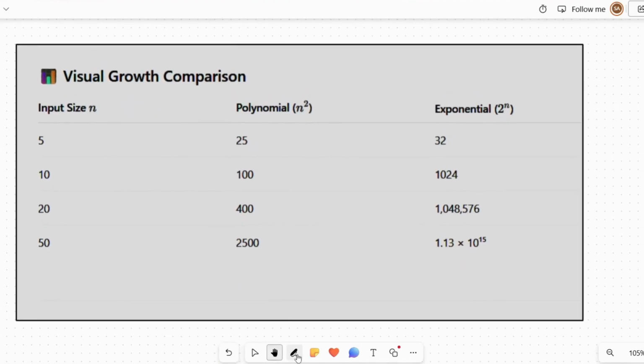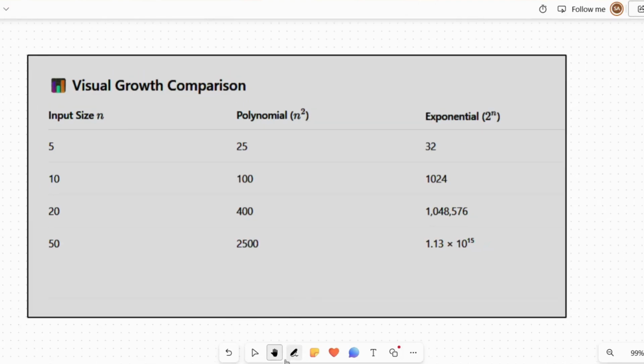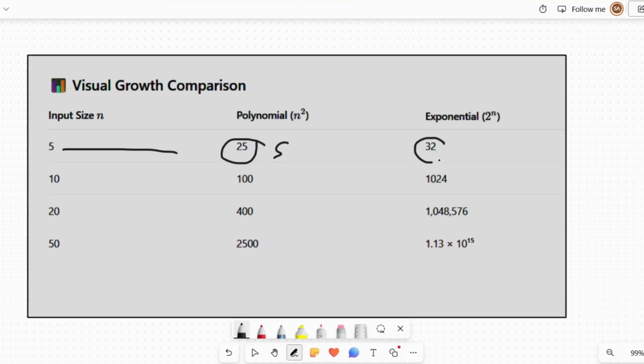You can see this table, it helps clear your understanding. Visual growth comparison: for 5 input, polynomial time is 25, let's say seconds, and exponential is 32.